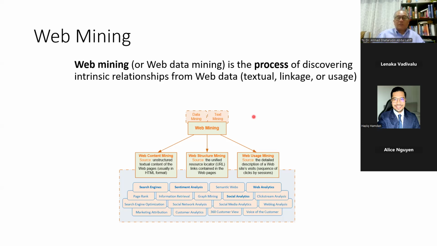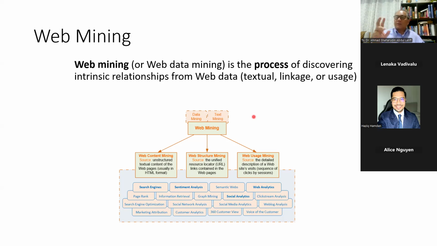It includes search engine, sentiment analysis, semantic web, which I refer to as machine to machine, web analytics, and it is combined with the PageRank algorithm, which is the ranking algorithm, and information retrieval, which is related to the search engine actually. Graph mining: graph mining is a relationship between one context and another context, not the graph as in a chart, not the chart.